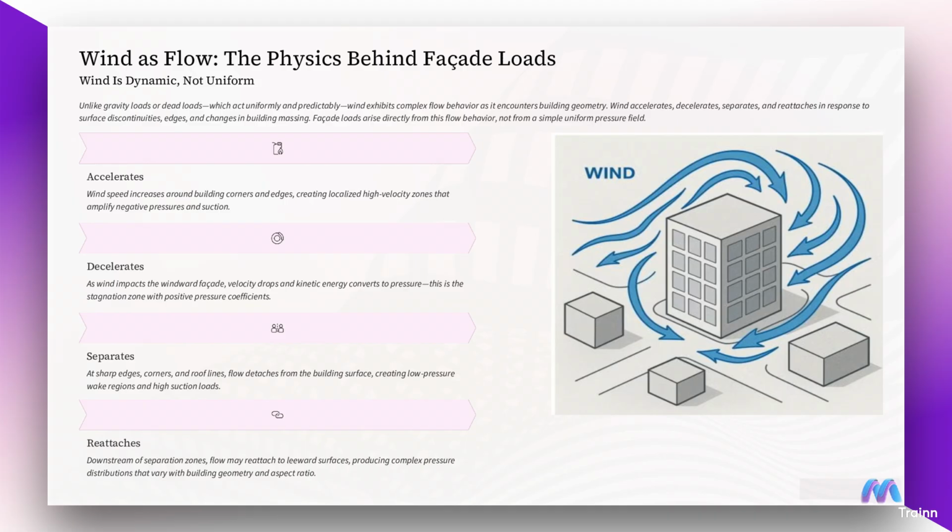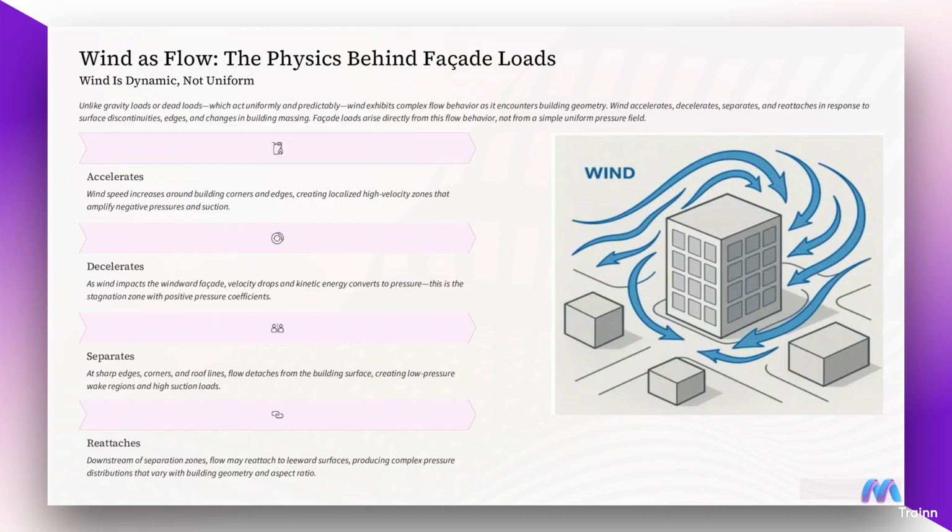Accelerates: wind speed increases around building corners and edges, creating localized high-velocity zones that amplify negative pressures and suction. Decelerates: as wind impacts the windward facade, velocity drops and kinetic energy converts to pressure. This is the stagnation zone with positive pressure coefficients.